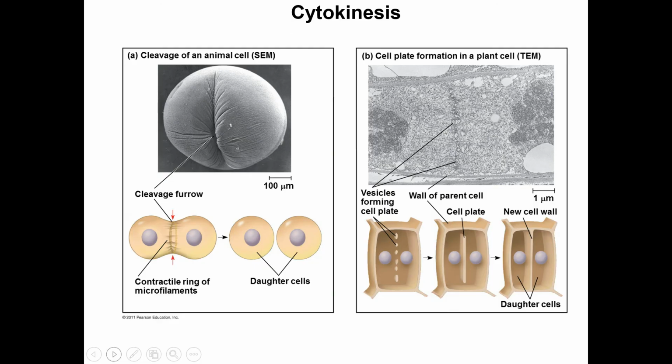Alright, so looking at this process of cytokinesis, looking at animal cells and plant cells. Animal cells involve the use of a contractile ring. This contractile ring is made up of microfilaments, or actin.